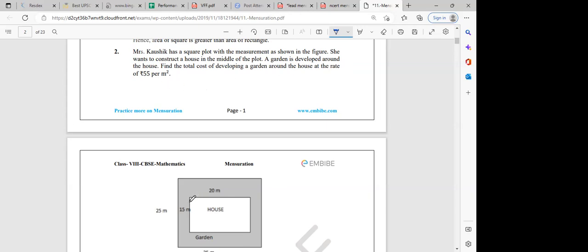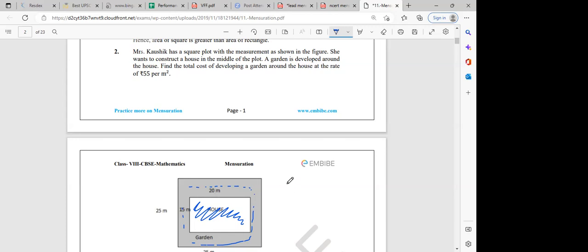So over here, what do you have to do? We have a square plot. She wants to construct a house in the middle of the plot, that means here, in this area. Now, a garden is developed around the house, over here. You have to find the total cost of developing a garden around the house at the given rate. They are asking you to find the area of the garden.